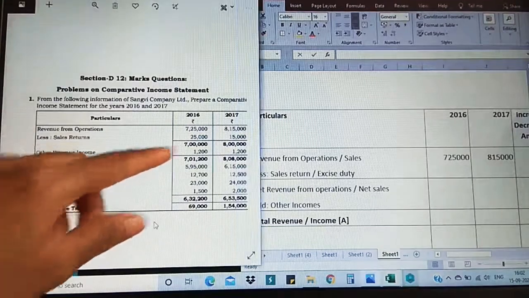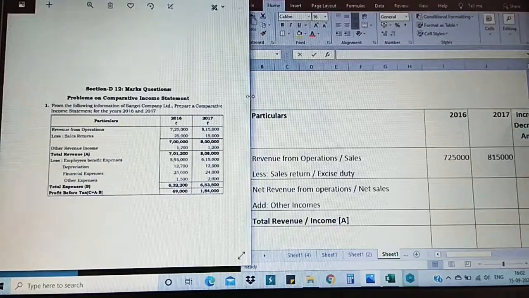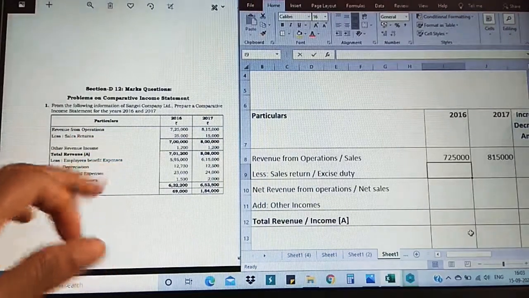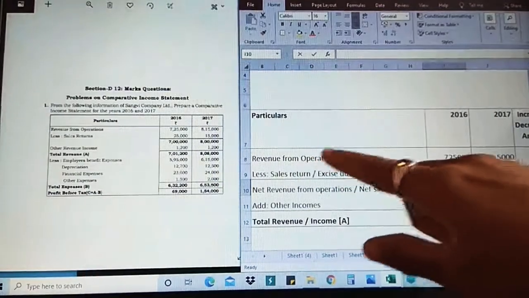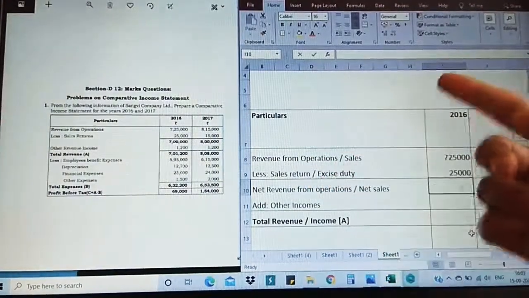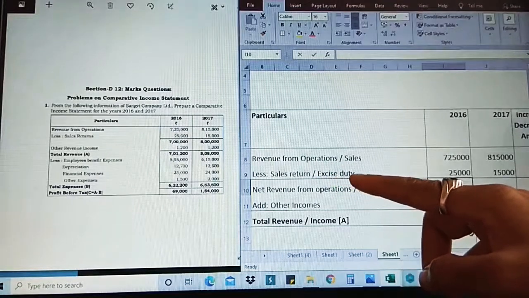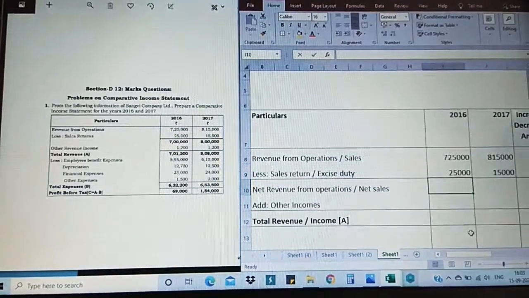Just copy and paste it. Then less sales return, 25,000, 15,000. See, I have not made any changes in the format because in the question you might sometimes have excise duty instead of sales returns. Clear?